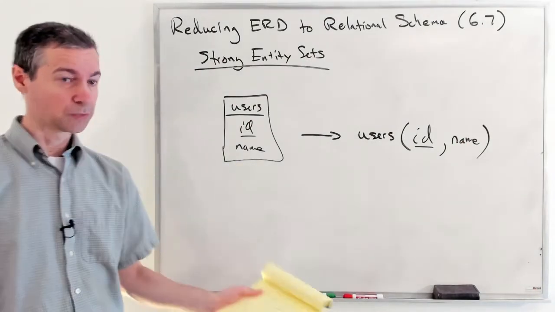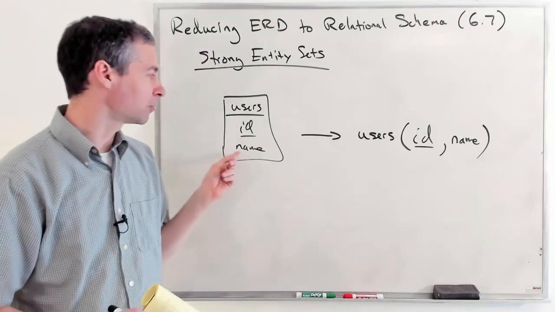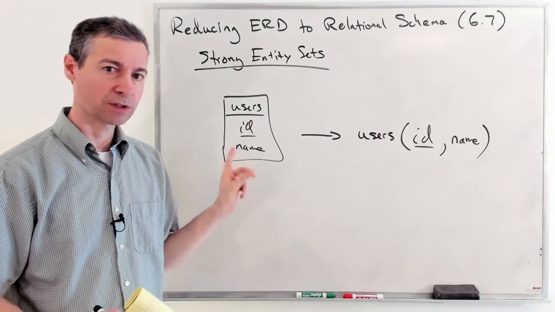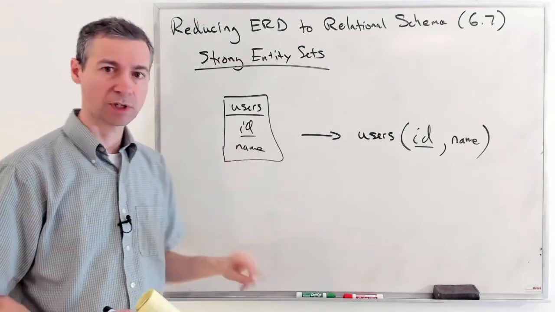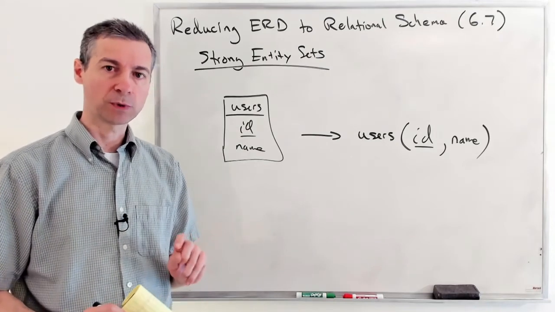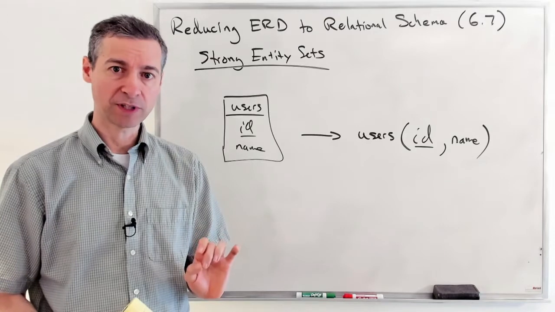Pretty cool. Usually in the initial construction of these, we're not going to have attributes that are foreign keys. We will usually end up with foreign keys found in our relationship sets.